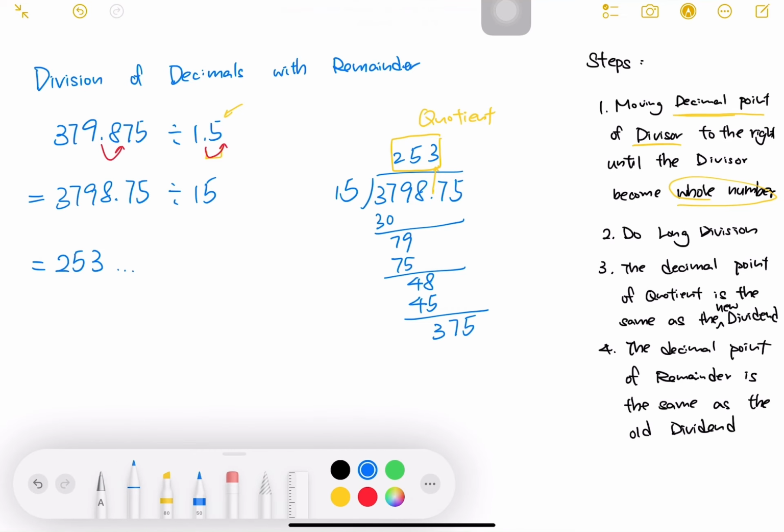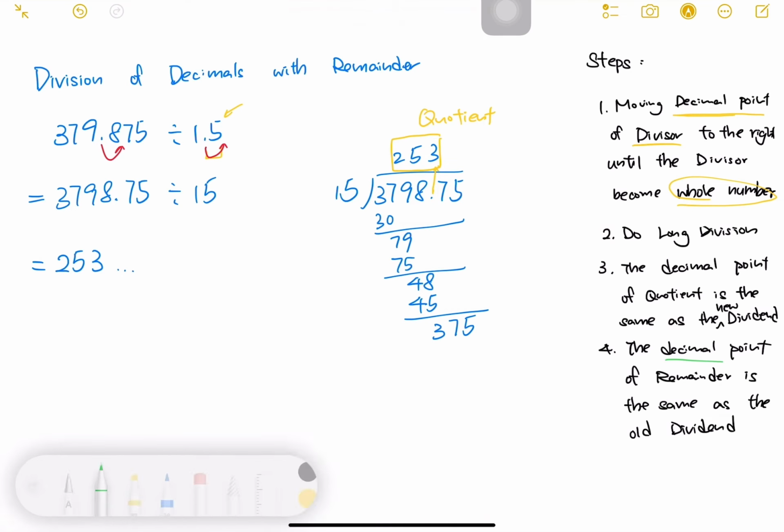How can we get the remainder part right here? The decimal point of the remainder is the same as the old dividend's. What does it mean? We can see from the old number sentence right here that the decimal point is between 9 and 8, which is here.